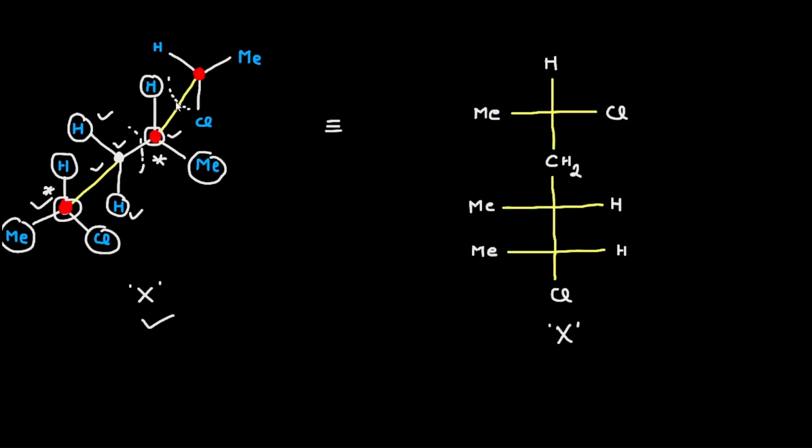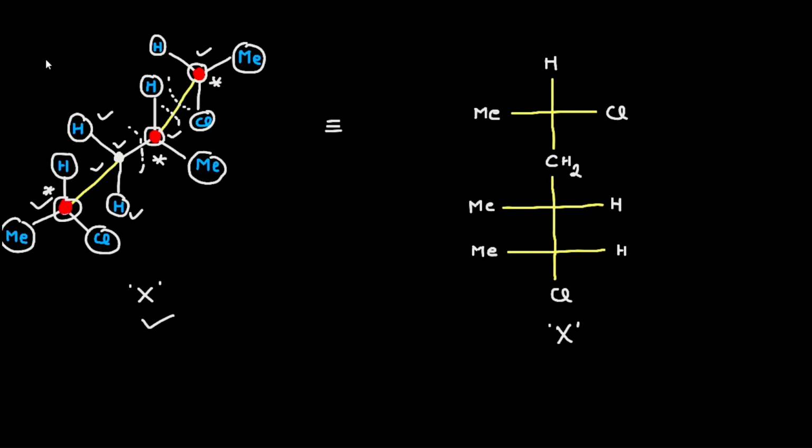Now, moving one position ahead, if you try to investigate this particular carbon, you find that again it is a chiral carbon. Why? Because four groups are different: hydrogen, methyl, chlorine, and this front group, as you can understand, is different from the other three. So from this very simple investigation, we have found that it carries three chiral carbons.